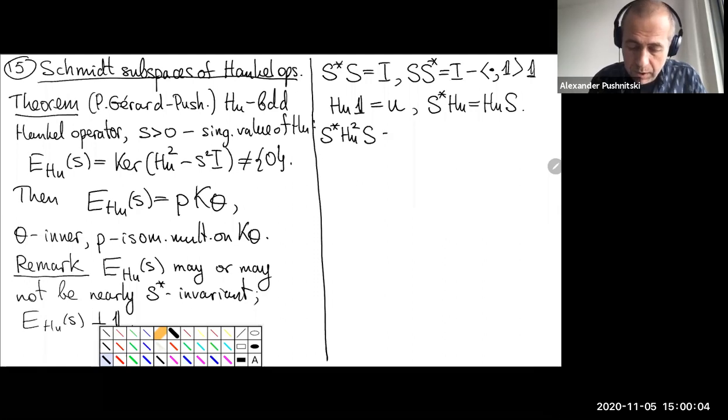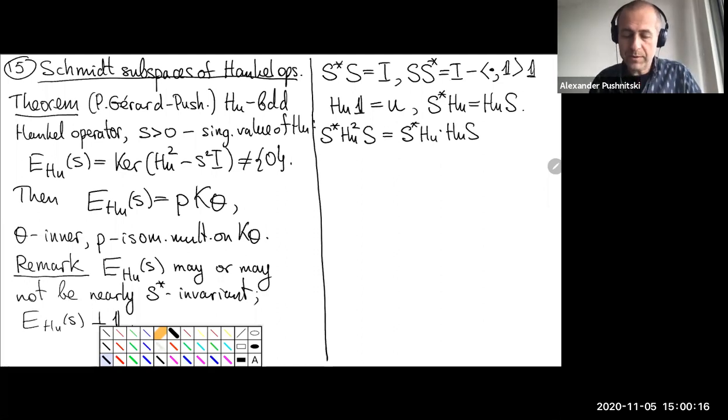So what I will do, I will move S star and S inside. So let me write it like this: S star HU, HU S. And in both of these terms, I will use this commutation identity for commuting S star and S inside, right? So then HU will be outside and S star will be inside, but S star will become S and S will become S star. So I get HU S, S star, HU.